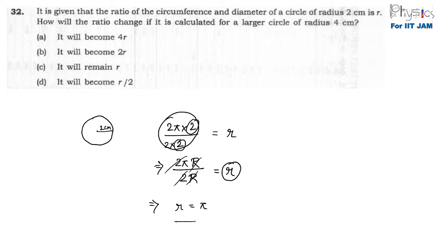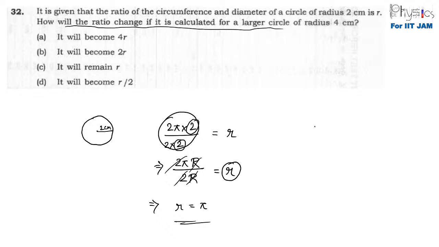Now all these are actually not needed. Why? Because again you are asked how the ratio will change if it is calculated for the larger circle. That is, we are again asked to calculate the ratio of the larger circle.